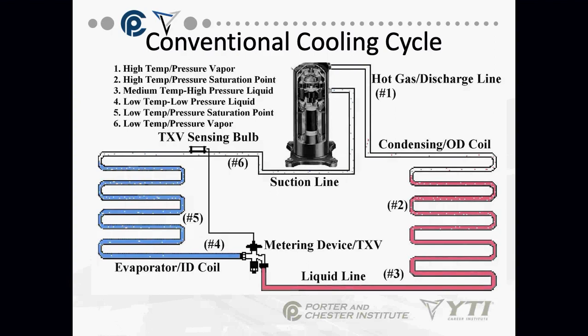We go through the metering device, come out of it as a low temperature, low pressure liquid with flash gas. We boil it off as it reaches the saturation point, and then we return it to the compressor as a low pressure vapor. That's our cooling cycle. Condenser coil is our outdoor coil. Indoor coil is our evaporator.